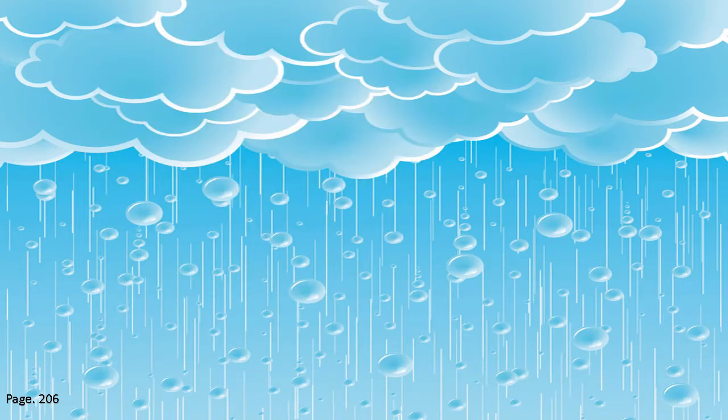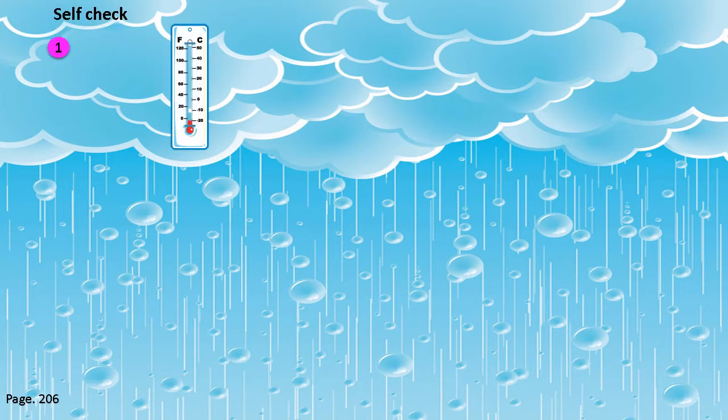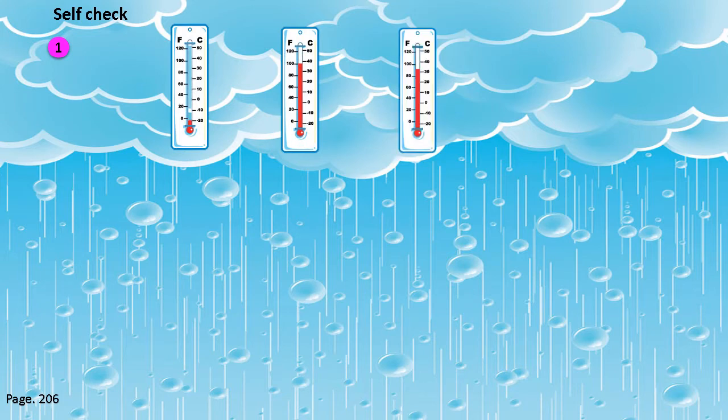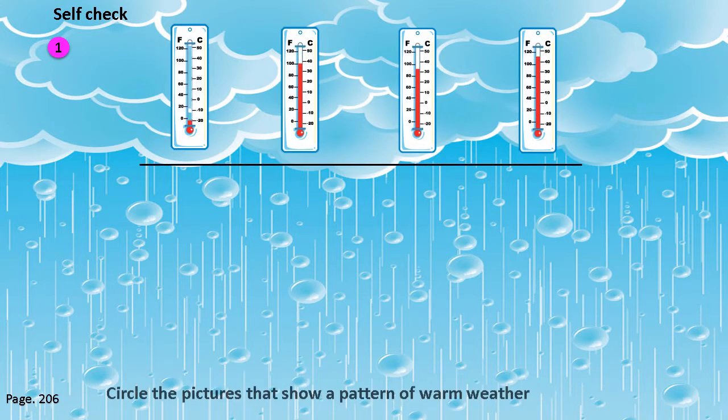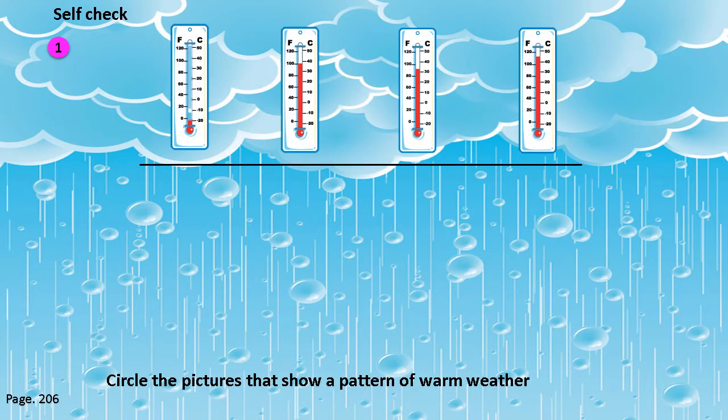Let's proceed to solve the exercises on page 206. And for question number 1, we can see pictures of 4 thermometers. And here we are asked to circle the pictures that show a pattern of warm weather. So what do you think? Great job!